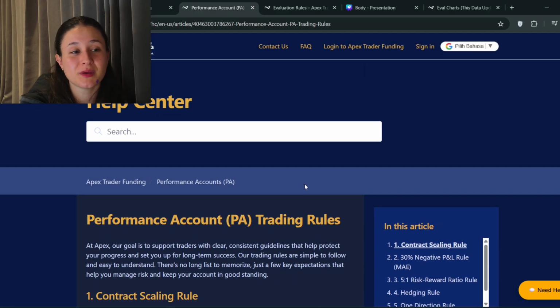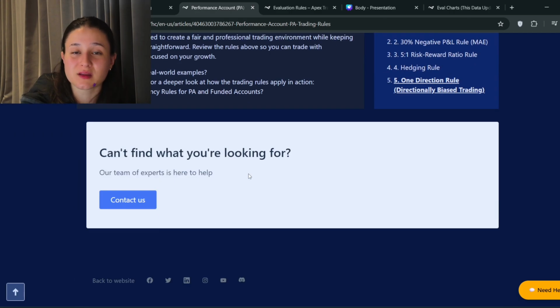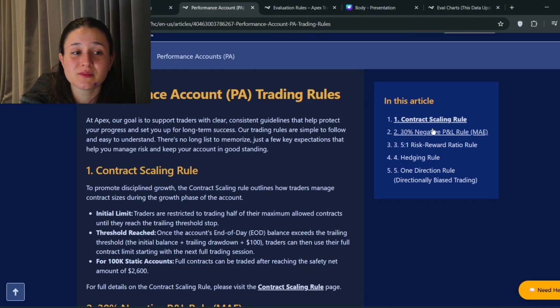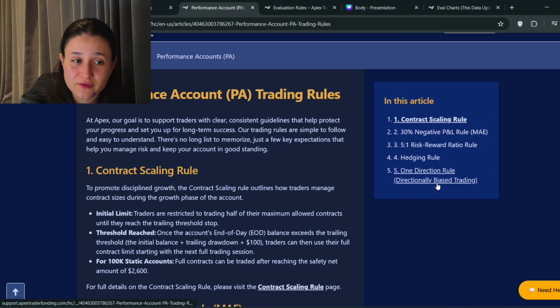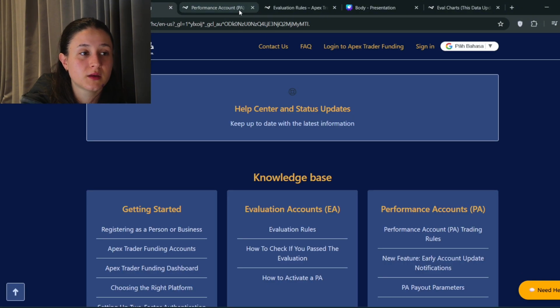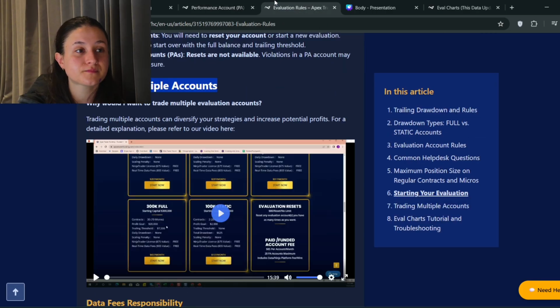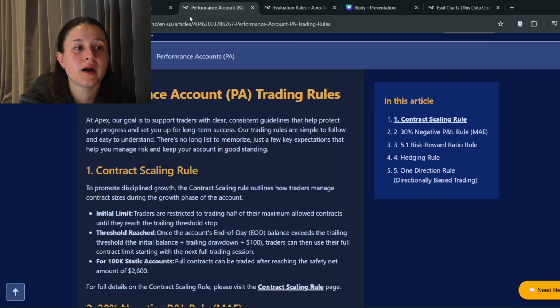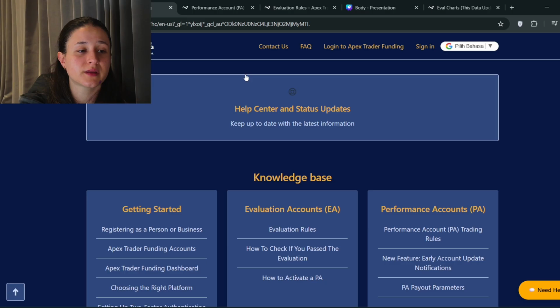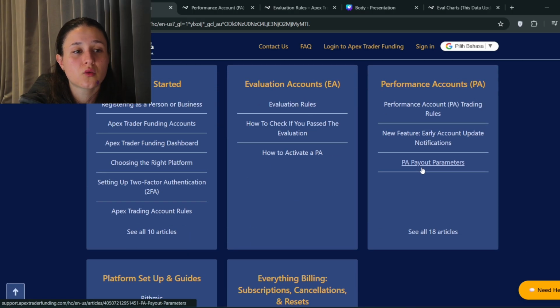And these are the rules of a PA. Follow this, you will get a payout. They are very simple, only five rules. They are very simple for someone that understands them and understands being consistent is important. I will put this link as well so you can read them while being quiet and in a moment of peace.